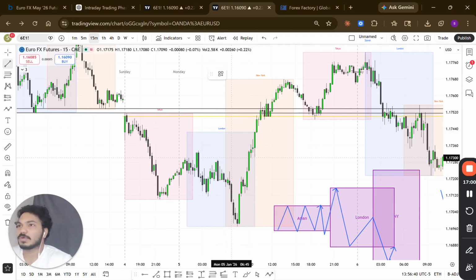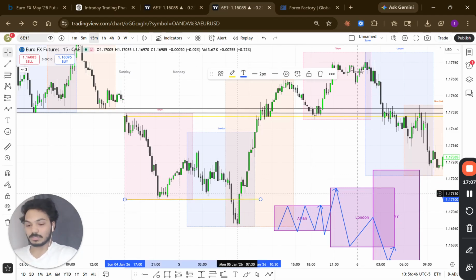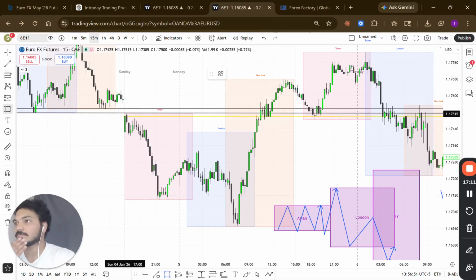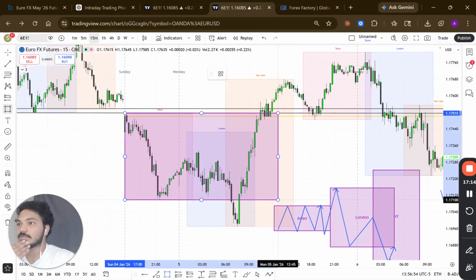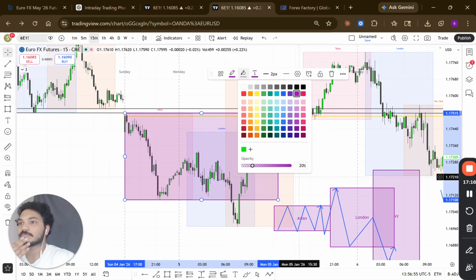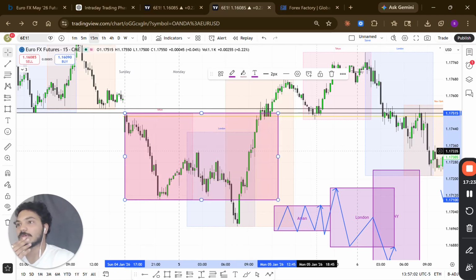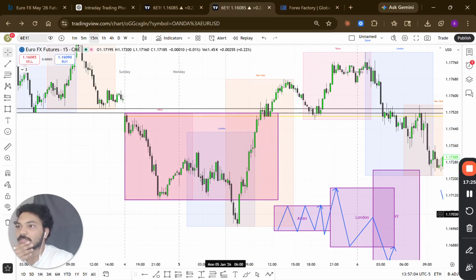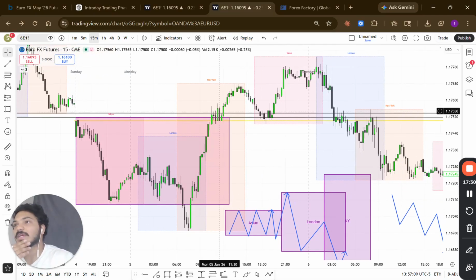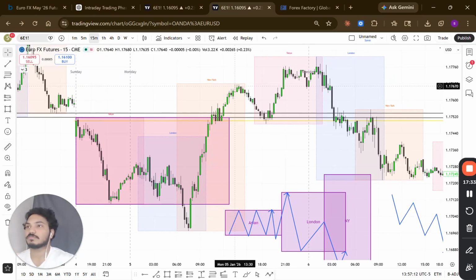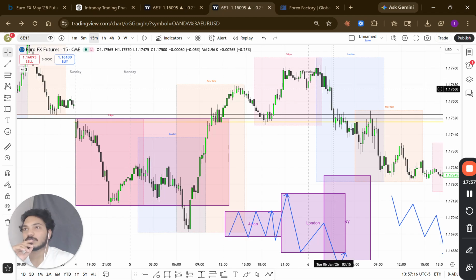Let me extend this Asian range so I don't mess it up. So this is the Asian range, and it took out that sell side liquidity, rallied up to take out that buy side liquidity as well, and continued towards the next session.